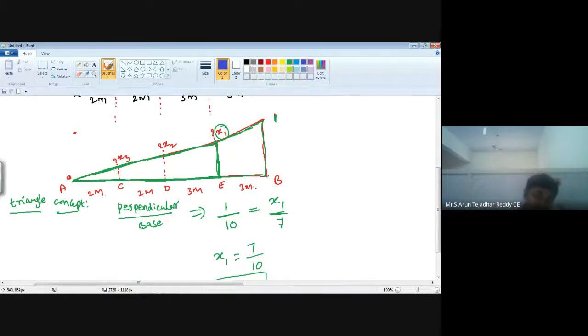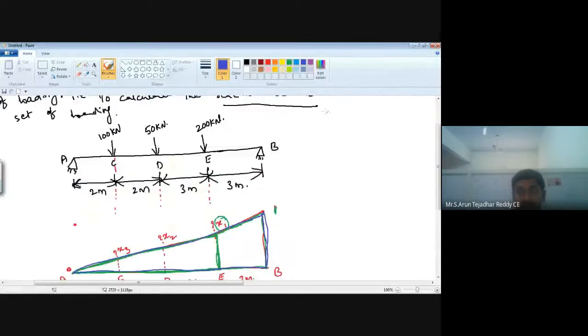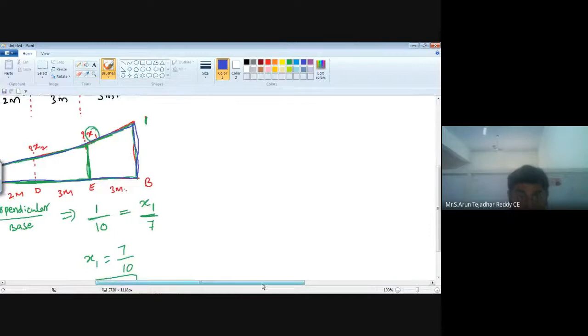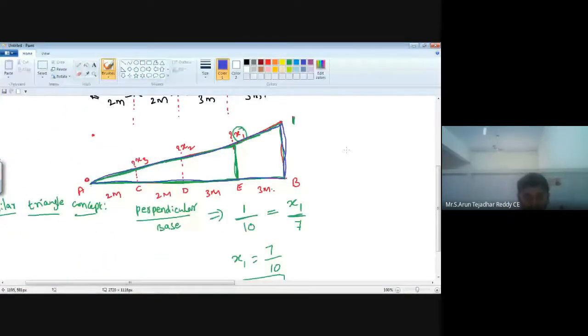Similar triangle means in each and every point consider first this bigger triangle, so that is 1 by 10. Now we need the x2 value, up to here.